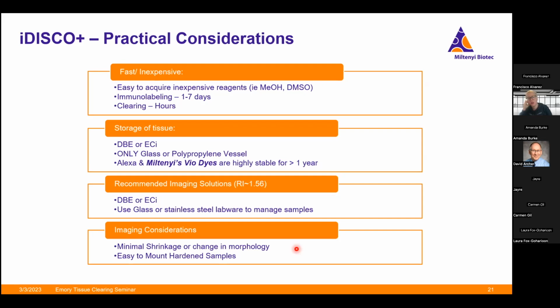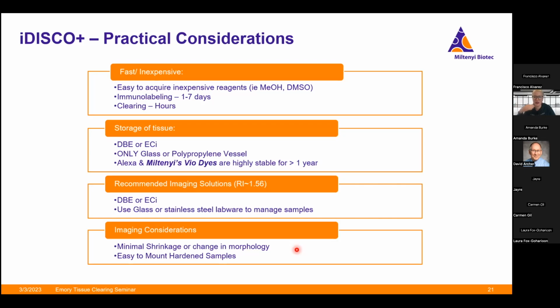And maybe the other point to this is don't use super precious samples from patients out of the gate. Use samples that are not super precious, and understand that this whole protocol can take weeks for the antibody stain and everything to go through.